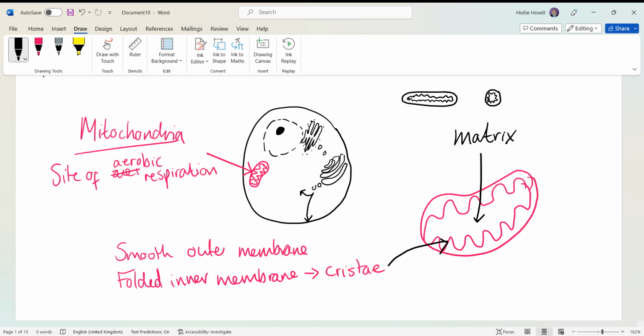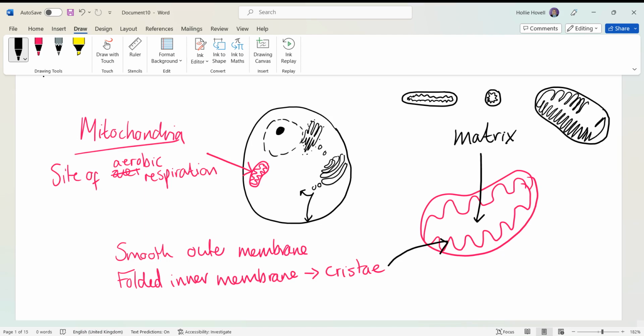The other thing is, if you're trying to recognize mitochondria from electron micrograph images, the cristae is more like this, even thinner. So be careful that you're not looking for the stylized version. It's like loads and loads of really thin, really tightly folded membranes.